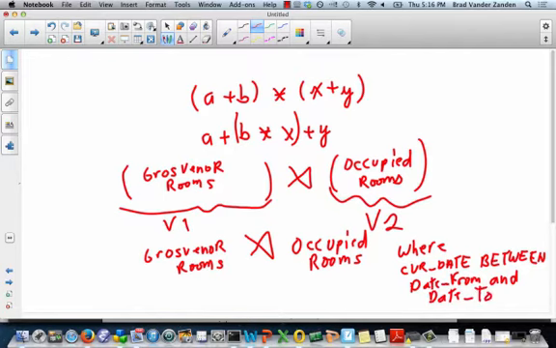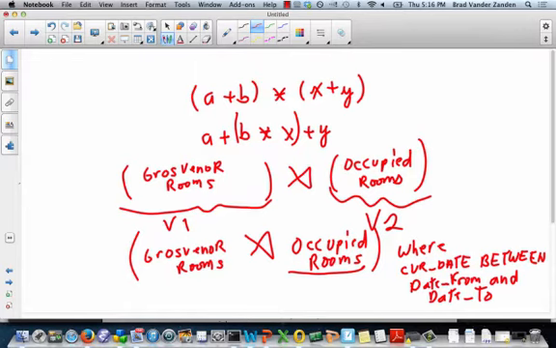And because you didn't parenthesize it, what happened was it did this join first. So it did it too early. It came up with all rooms in, it actually occupied rooms wasn't occupied.